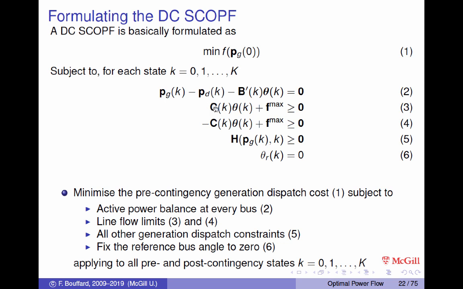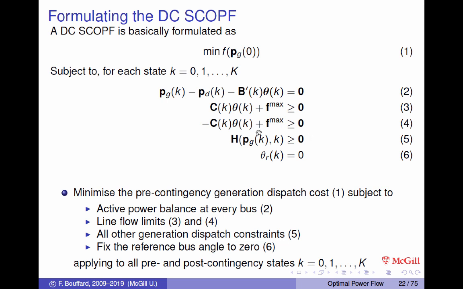And remember here, C_k is a matrix that we looked at the beginning of the course when we addressed the incidence matrix. Remember, C_k here is basically the diagonal matrix of line susceptances times the incidence matrix transpose. So this basically calculates the angle differences between two nodes that are connected through a branch admittance, right?